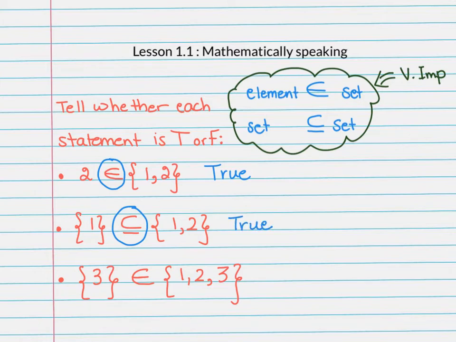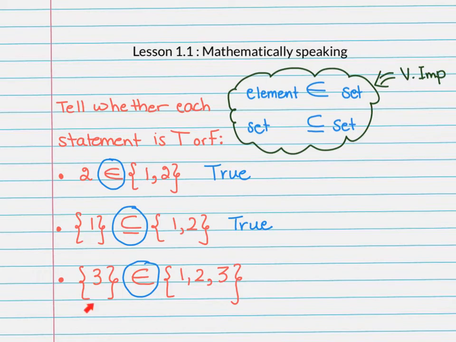Statement 3. Set that has element 3 belongs to a set that has 1, 2, 3 as elements. Condition 1 is checking if I'm using the correct symbol. I'm using the symbol belong. And as we discussed, belong, I should have an element with a set.